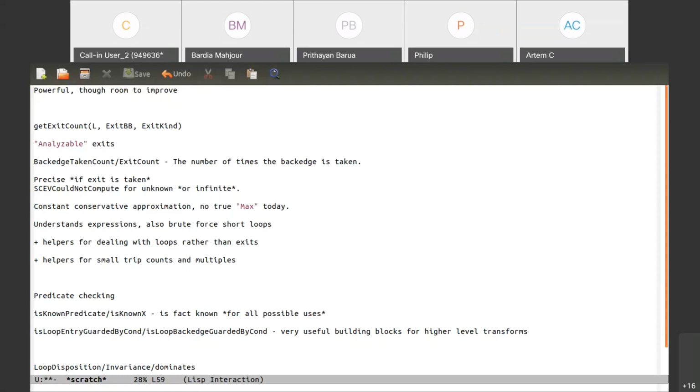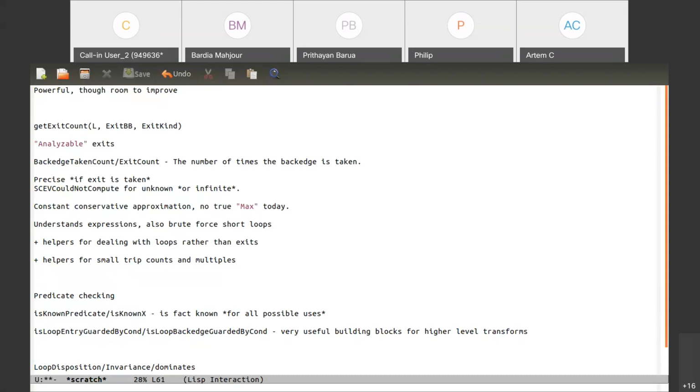Those small trip count and multiple routines are probably the most heavily used infrastructure around trip counts, but trip counts or exit counts in general are a very powerful construct that can be used by a lot of transformations. Questions on that before I move on?